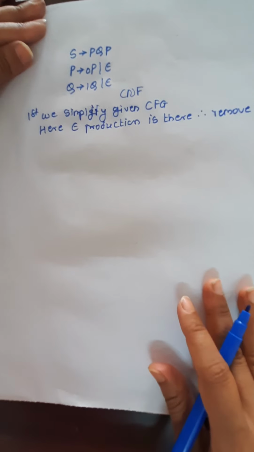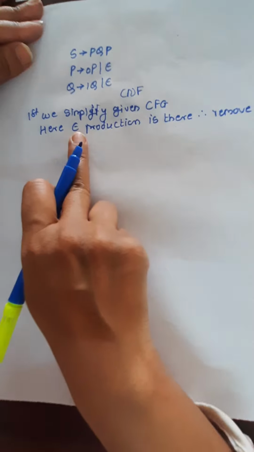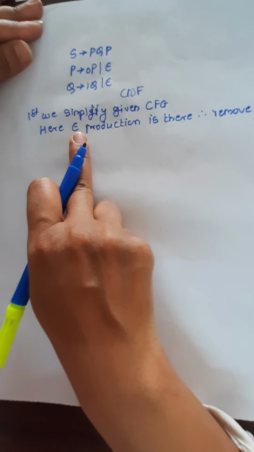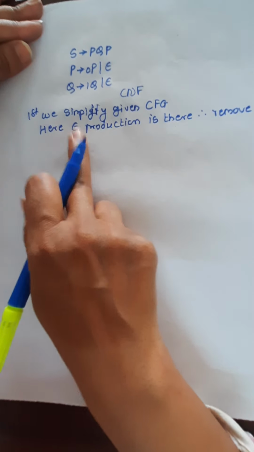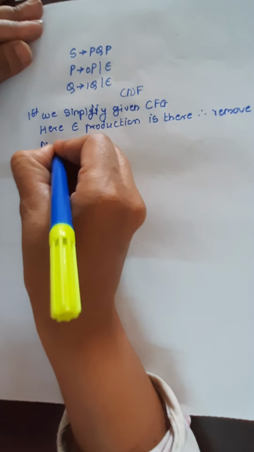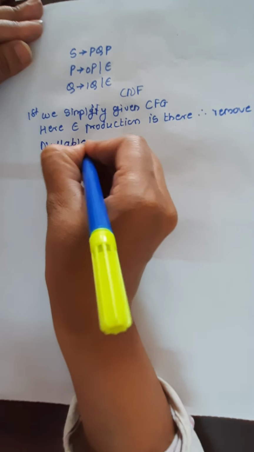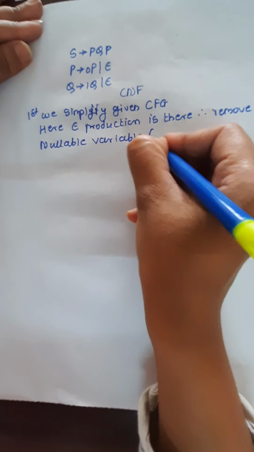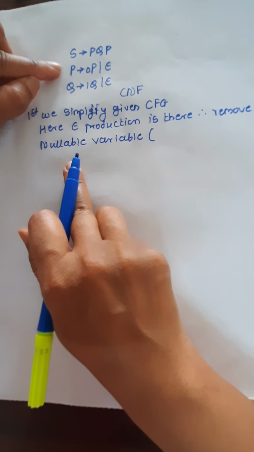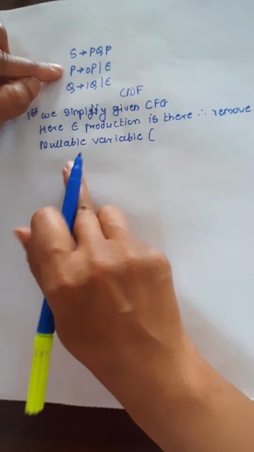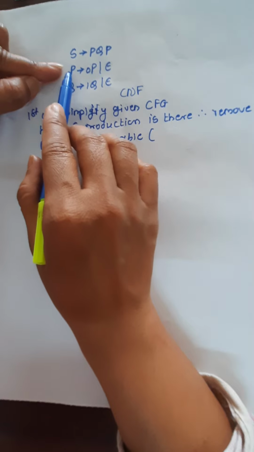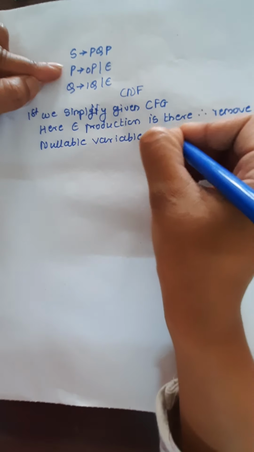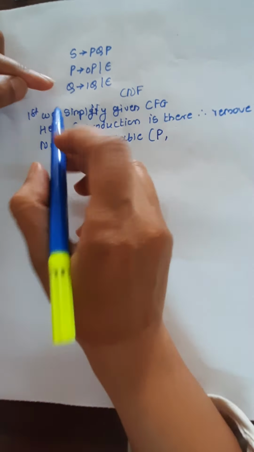So how to remove the epsilon production? For removal of the epsilon production, we first need to identify the nullable variables. So what is a nullable variable? The variable or the non-terminal which generates epsilon is called nullable. See here, in our grammar, P generates epsilon, meaning P is nullable, clear?